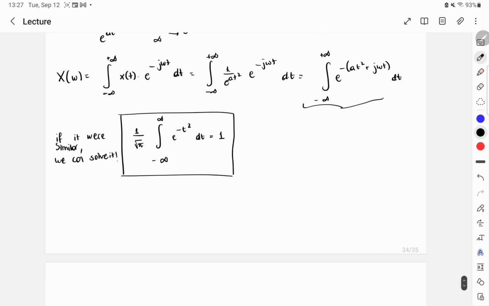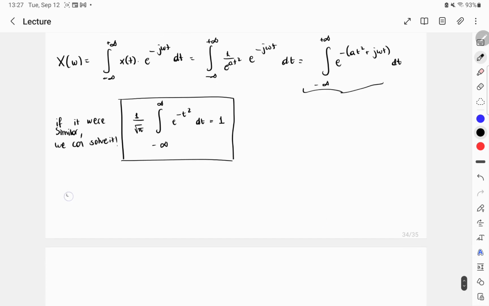So what do we do in order to do so? We take a t squared plus j omega t, which equals p squared plus 2pq, right?